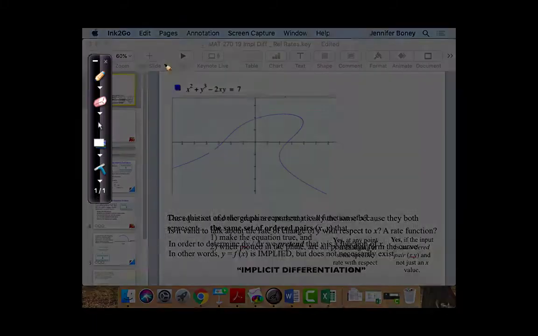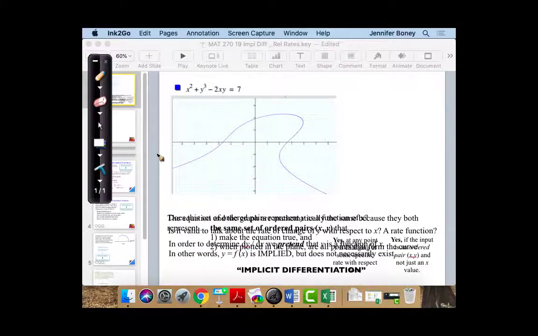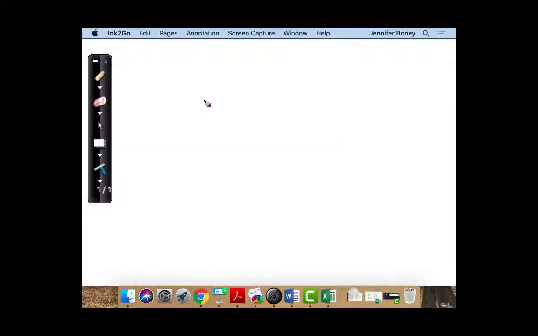let me rewrite that. We had, because this is being stubborn today, let's see. So we had x squared plus y cubed minus 2xy equals 7. So I'm just rewriting what was just up there.